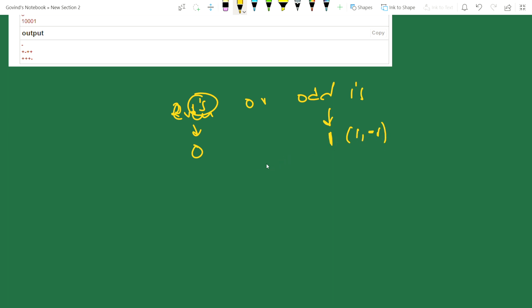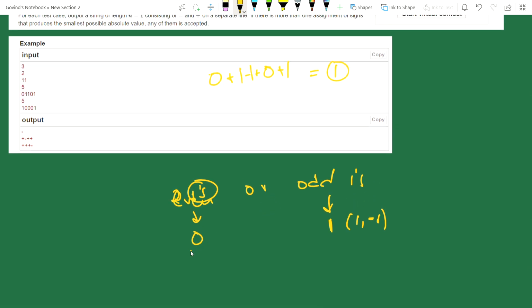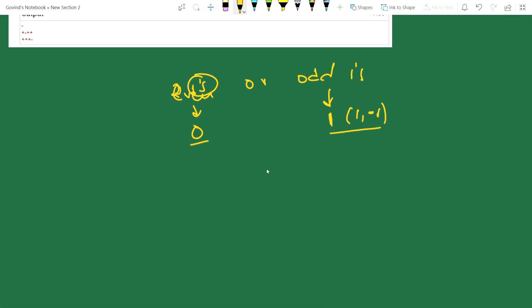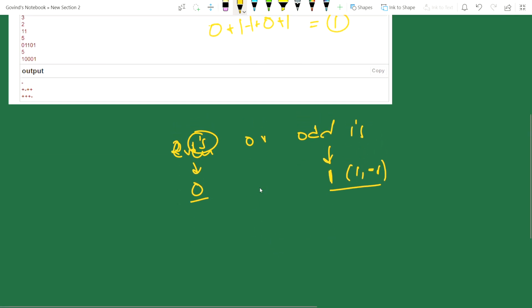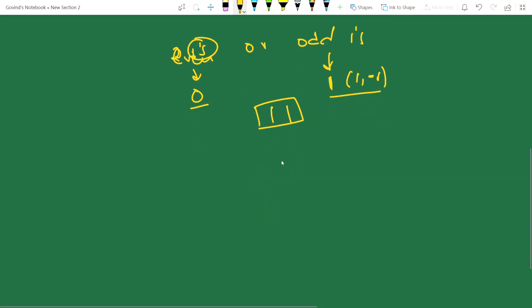Okay, so now how could we implement it? How do we get this minimum value as 0 or 1 or minus 1? We need to simply count the number of ones. If we take the example of a string like 1 1 and we have to minimize the sum, then we know that there are two ones here.